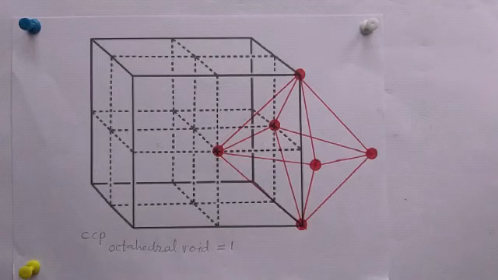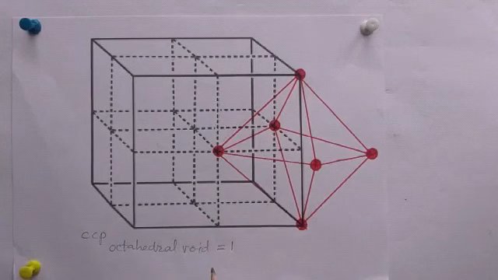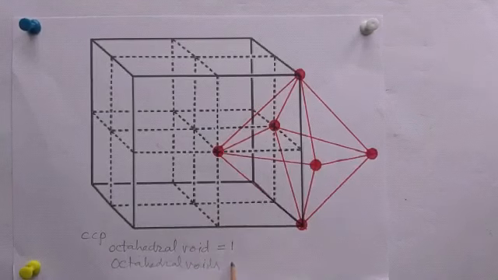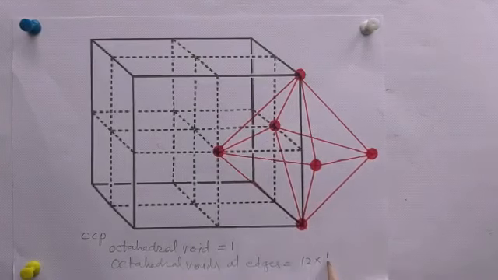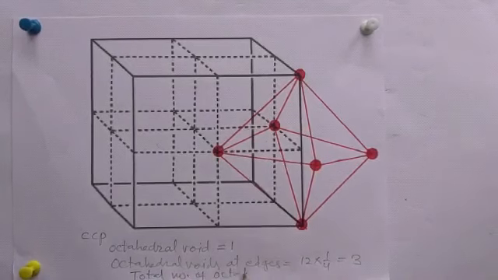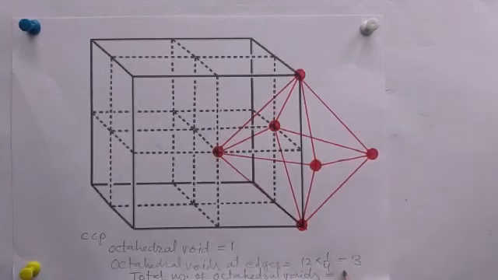So in that case, the octahedral voids at edges is equal to how much? 12 into 1 by 4 becomes 3, and we have total number of octahedral voids equal to 3 plus 1 equal to 4.